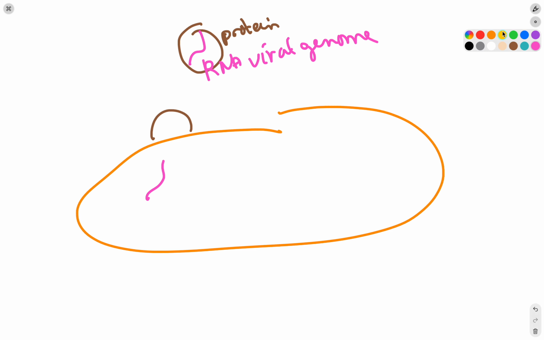Then the RNA is going to have the enzyme reverse transcriptase bind to that RNA, and it's going to reverse transcribe the RNA into DNA.